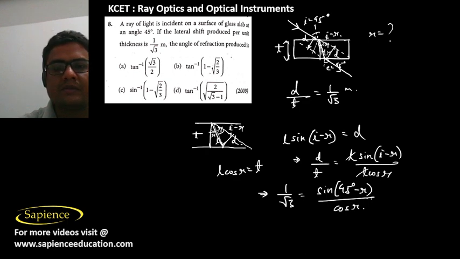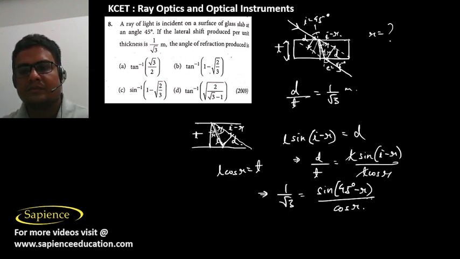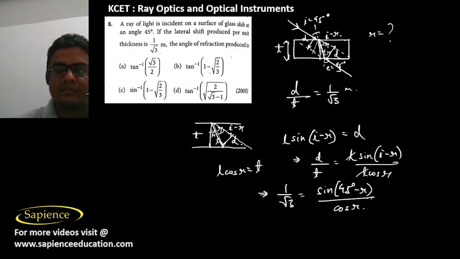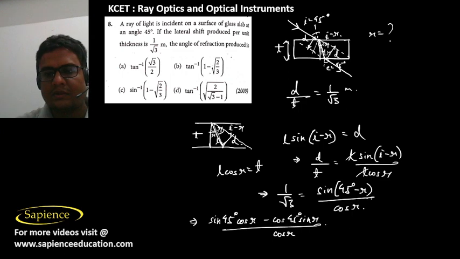So from here we can say that sin A cos B minus cos A sin B divided by cos R, that is equal to 1 by root 3. Means what?